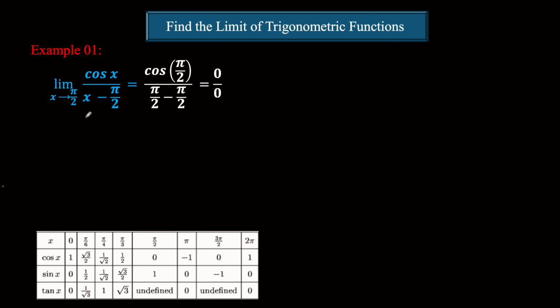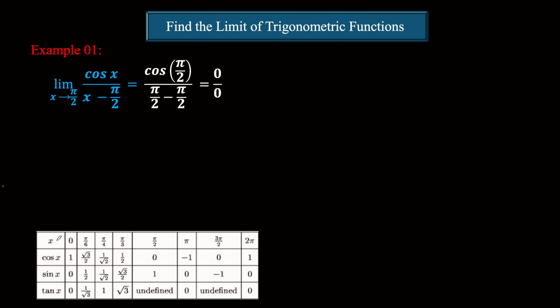Okay, let's see the first example. Find the limit as x approaches pi over 2 of cosine of x over x minus pi over 2. So we substitute each x by pi over 2, so cosine of pi over 2 over pi over 2 minus pi over 2. So cosine of pi over 2, we'll use this table to find out what is cosine of pi over 2.